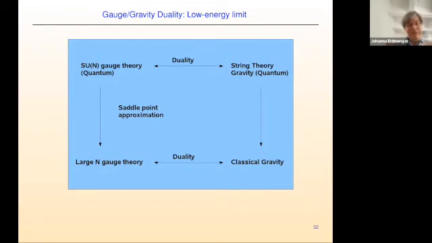And so this example I'm showing to you now is precisely in this category. I can make some statements about QCD, although I know that the Lagrangian my gravity dual is describing is not exactly QCD. It's a theory which is similar to QCD, but it's not exactly QCD.